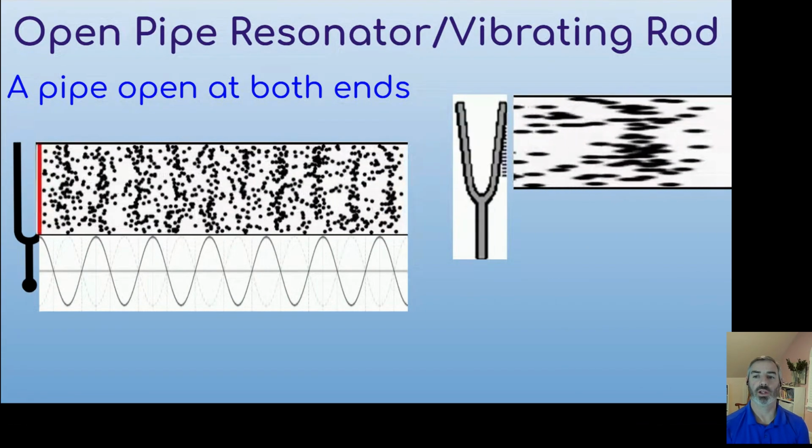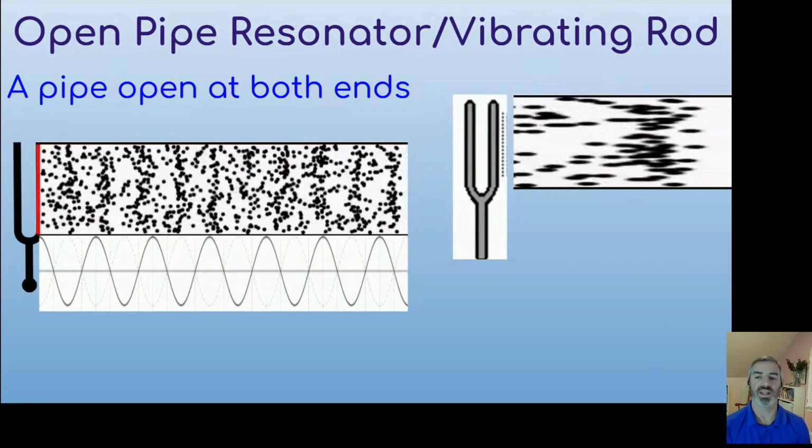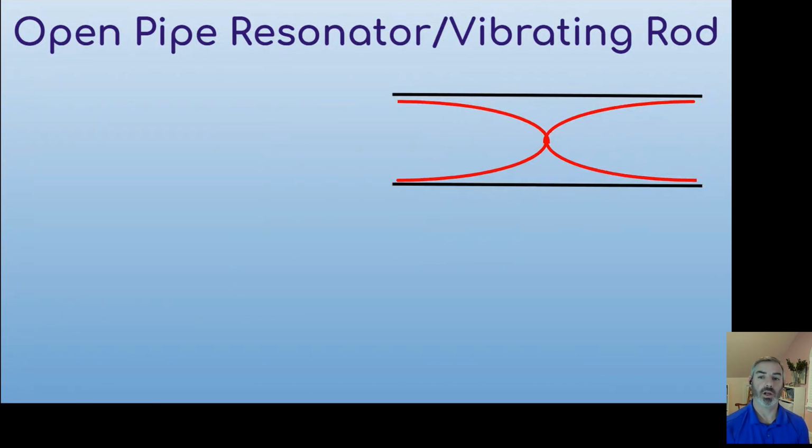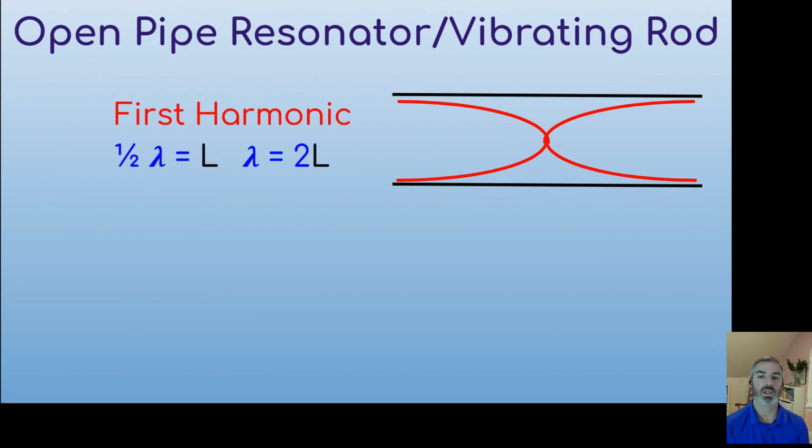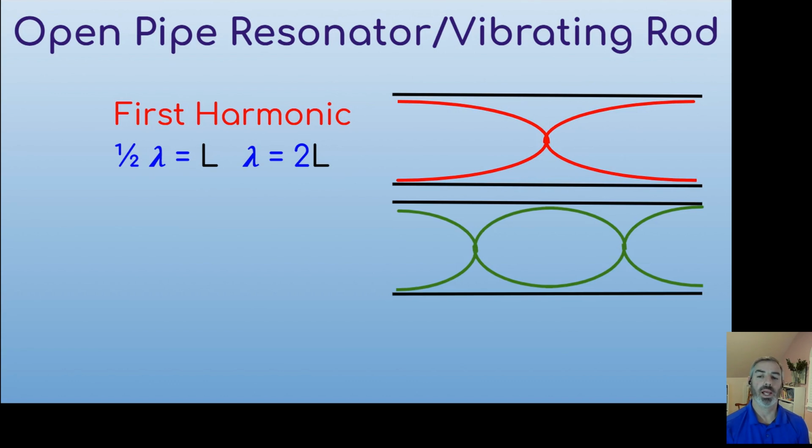So if we look at the lowest number of nodes and antinodes, we have an antinode at each end and a node in the middle, and that's our first harmonic, or our fundamental frequency. So it's going to be the same as a string. 1/2 the wavelength is going to equal the length of the pipe. And then we look at our second harmonic, the wavelength is going to equal the length of the pipe.